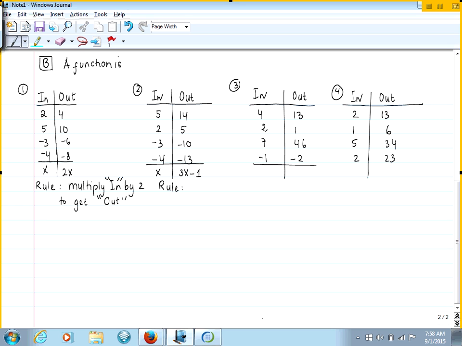So that's correct. Square 2, 4 minus 3 is 1. Square 7, 49 minus 3 is 46. And what is -1 squared? 1 minus 3 is -2. So yes, it's correct. So if I put x here, it's going to be x squared minus 3.